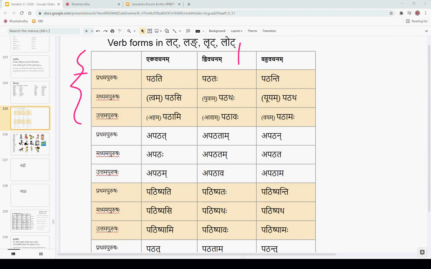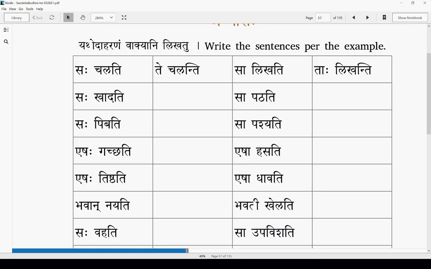So all the forms, you look at them, they stay with you. And also you can practice them if you want.